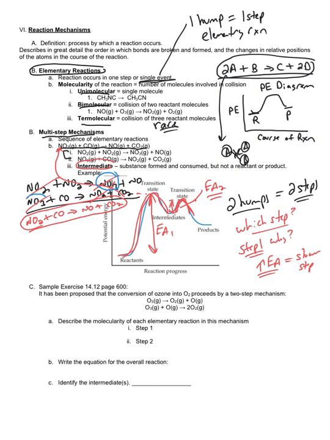However, in the next step, it is consumed, and therefore it is not part of the overall equation. This is what is called an intermediate. An intermediate can be found in between the humps because it is a compound that is formed and then consumed, but ends up not being part of the overall equation. So in this reaction, NO3 would be called the intermediate.